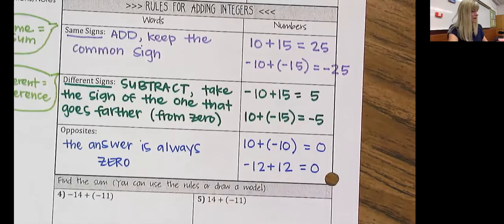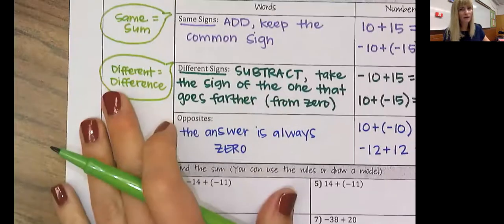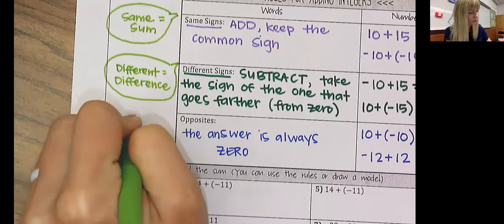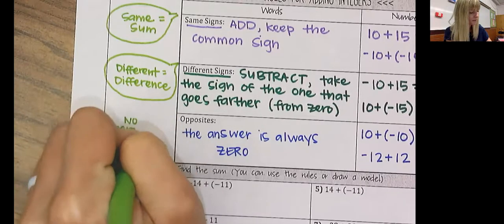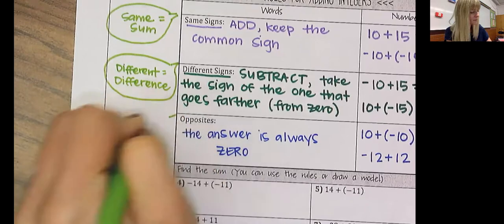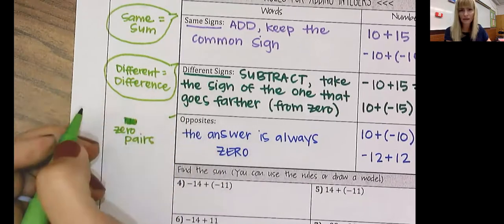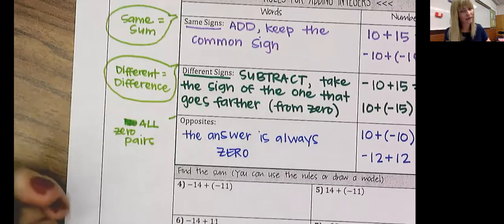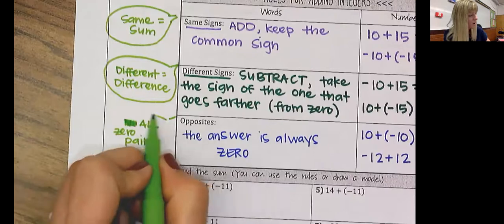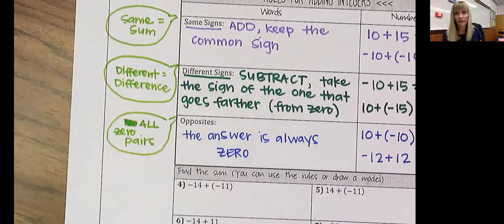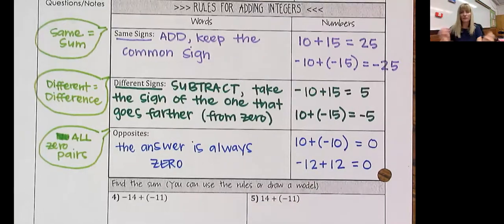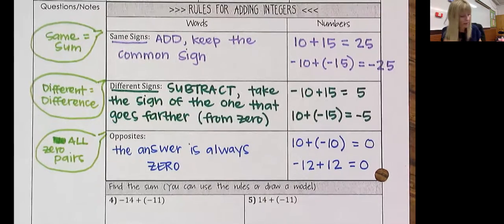So this one, it helps me if I remember, I don't have a quick little mnemonic device like this, but I do remember that opposites give me all 0 pairs. Everything would be a 0 pair. If I did 10 positives and 10 negatives, all of them would be 0 pairs, and it would leave me all with 0. Okay, here is what I want you to try now.